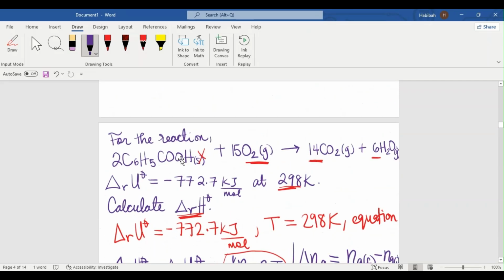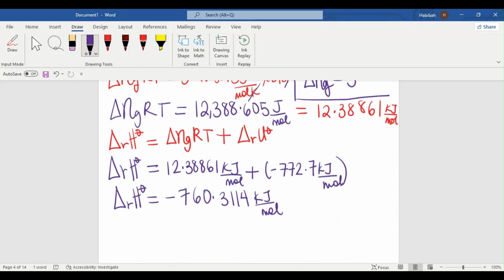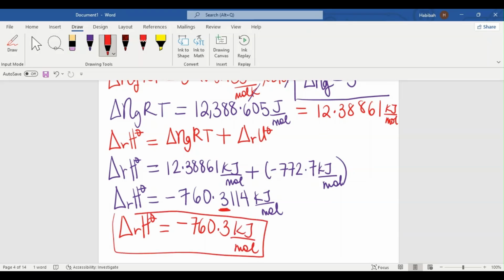We've been given this question in 4 sig figs, or one decimal place, and we can apply that same precision to the answer. So we end up having the change in enthalpy for the reaction to be negative 760.3 kilojoule per mole.